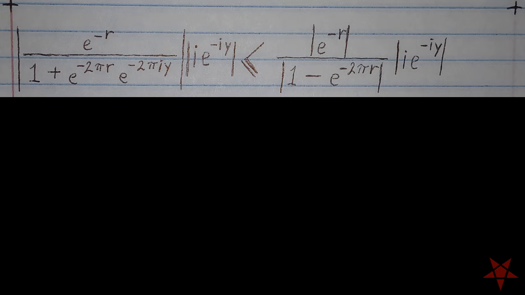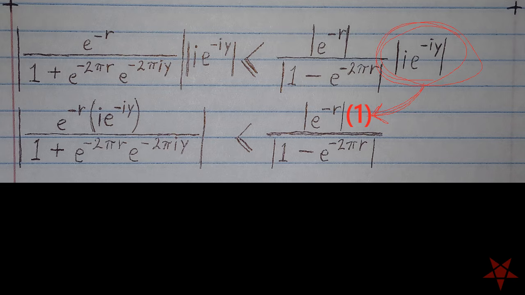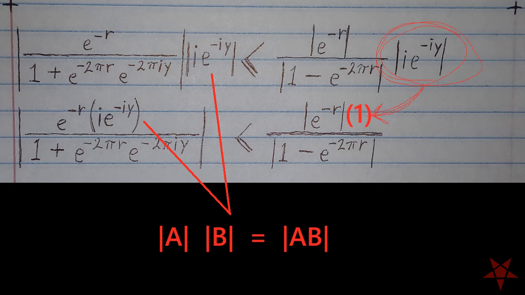What if we multiply both sides of the inequality by the absolute value of i times e to the negative iy? Positive quantity, since it is an absolute value, of course. Conveniently, it's also equal to 1, so we can ignore it on the right side of the inequality. On the left side, we can incorporate it into the original absolute value.